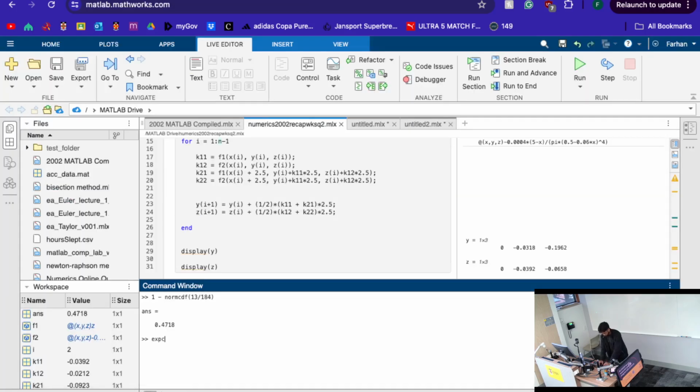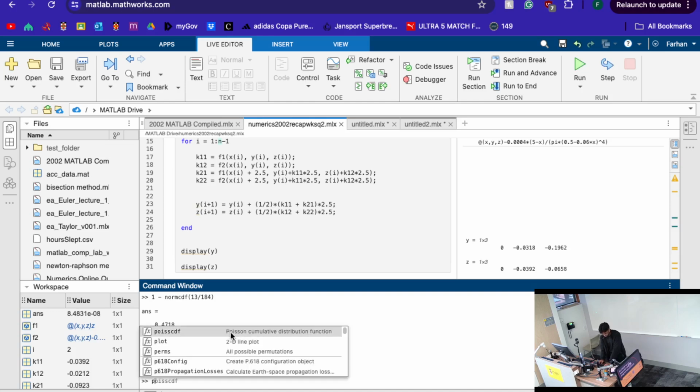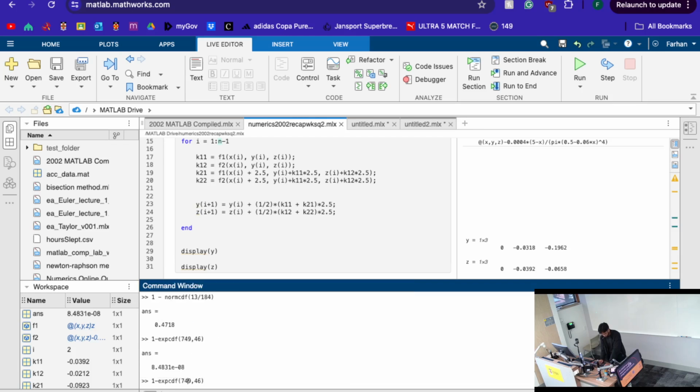Oh, I actually don't know why that worked. What was it? 13 over 180. No, it's 949. It's 46. No, it doesn't work. Oh, sorry, exp PDF. Because you were trying to find the probability.